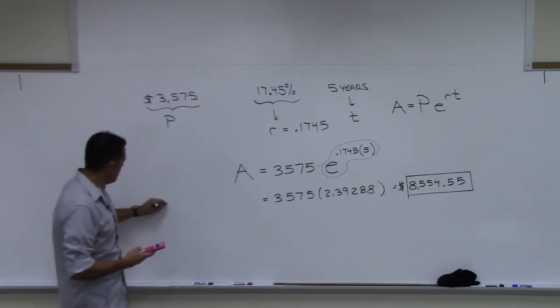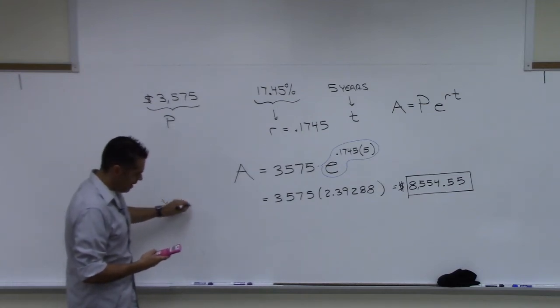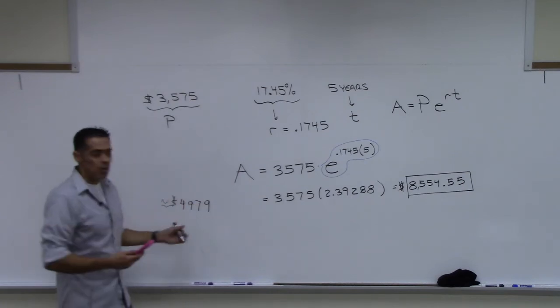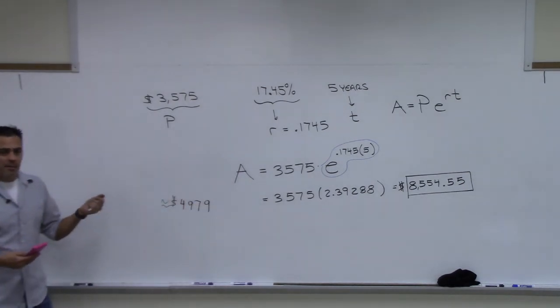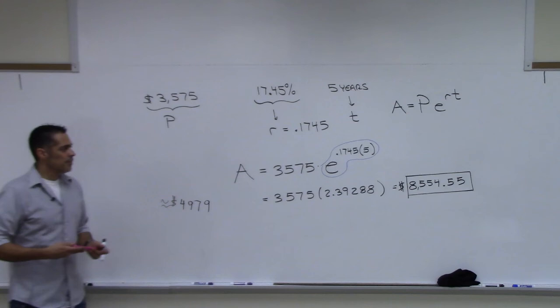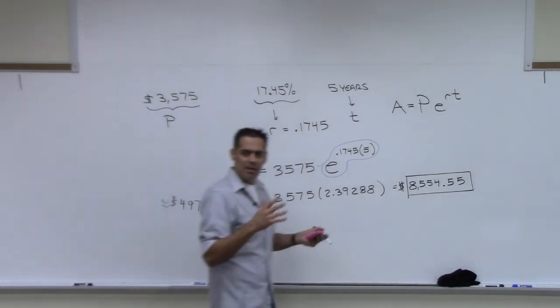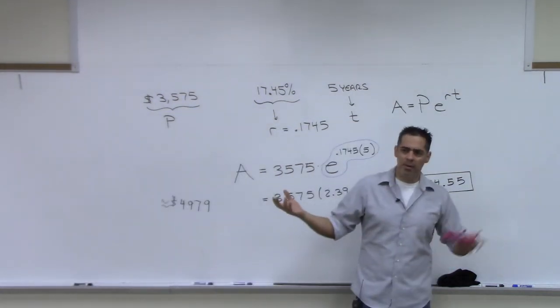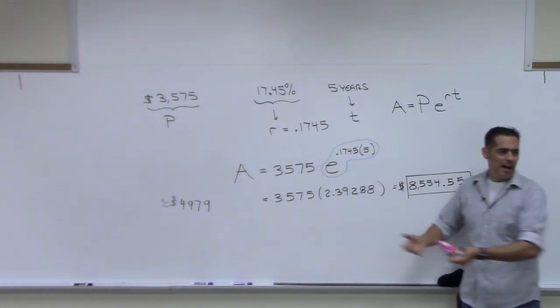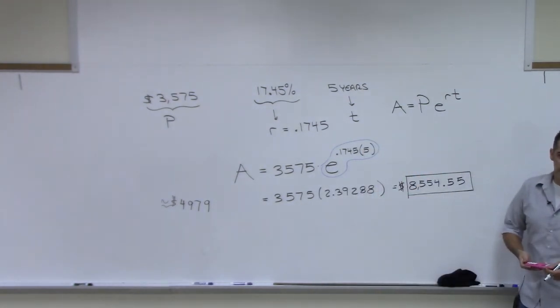That's approximately $4,979 that you are going to pay the bank to borrow that money because you didn't want to pay it back. You waited 5 years. Remember I drew that picture of the bank last time, the people who have the money, people who borrow the money? The people who borrow the money always wind up paying back more to the bank than they borrowed.